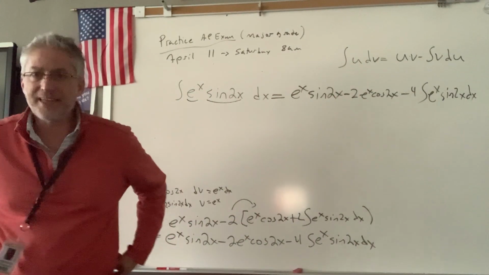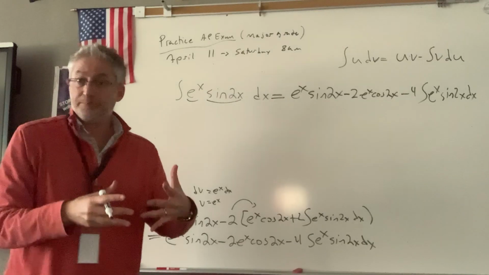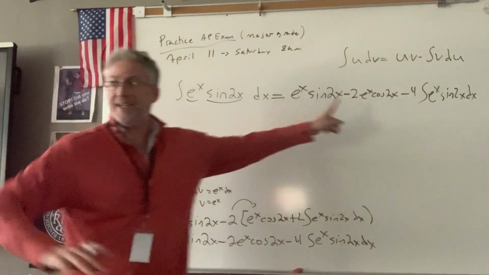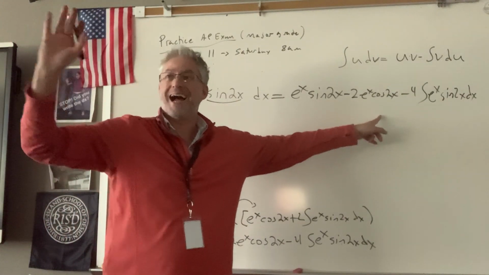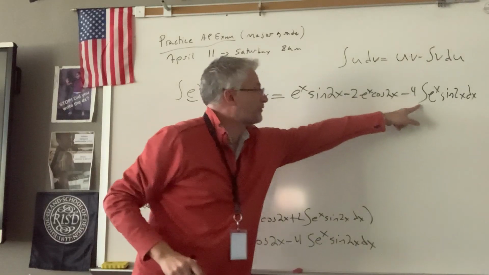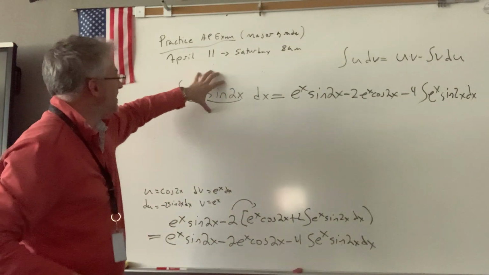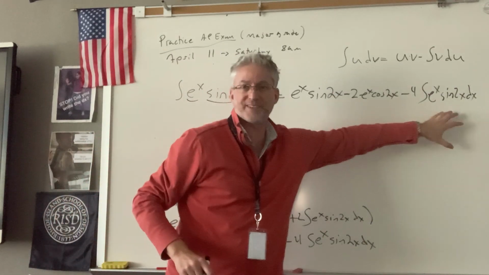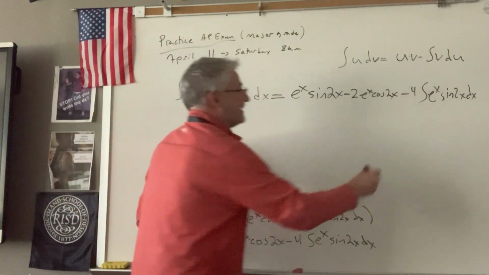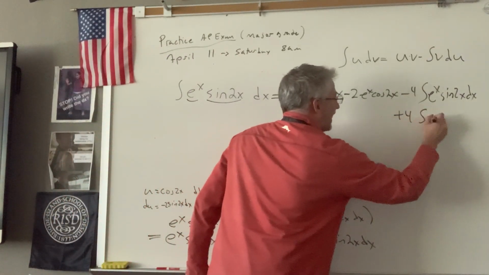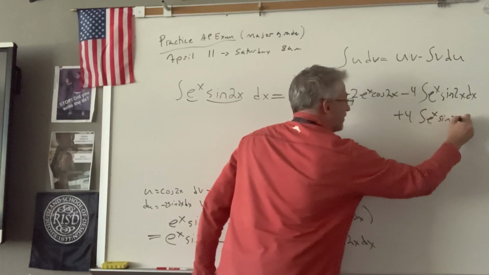Oh, look at the length of that. But we're in luck because since these are equal to each other, I can use a bit of algebra. I have this integral minus 4 times this integral. I can add 4 and this integral together.